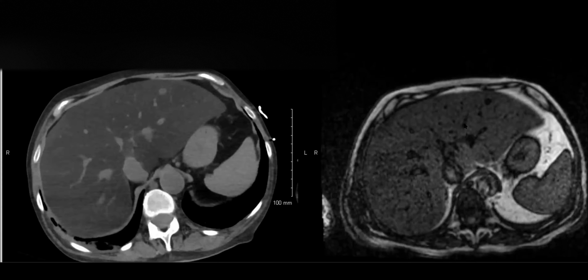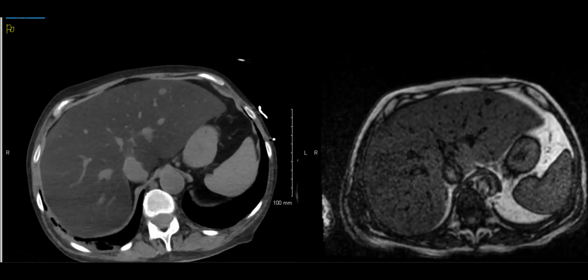World's fattiest liver. If we were to estimate fat fraction here, it would be very misleading, because the highest fat fraction you can get is 50%.